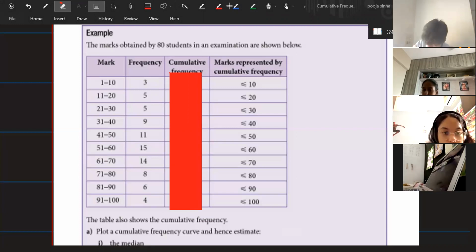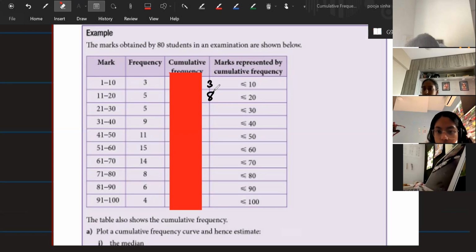So help me write down all the cumulative frequencies. What do I write here? First is 3. Less than 10 is just 3. Less than 20? 8. Trisha, you can also speak. Less than 30? 13. I want everybody to speak. I will not write. Kyra, Trisha, speak.